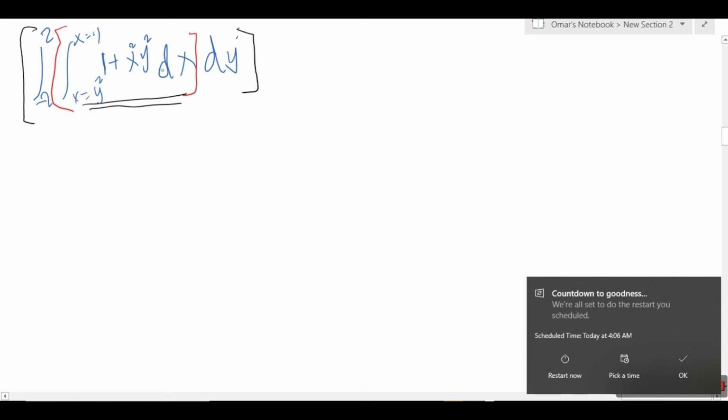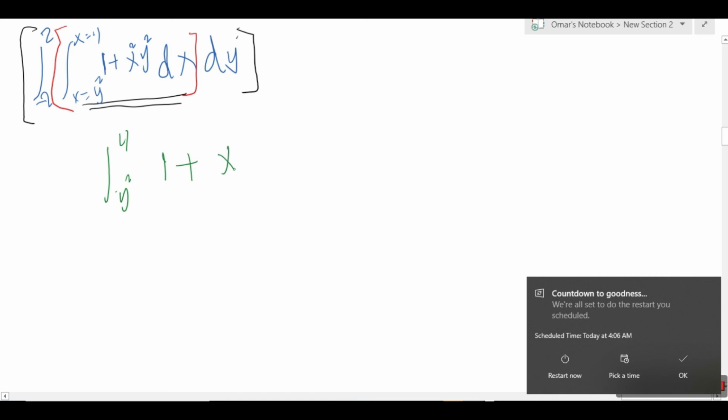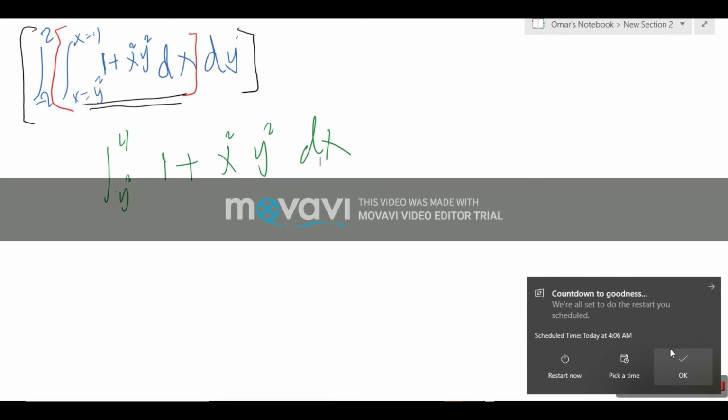Now we have the integral from y squared to 4, 1 plus x squared plus y squared dx.